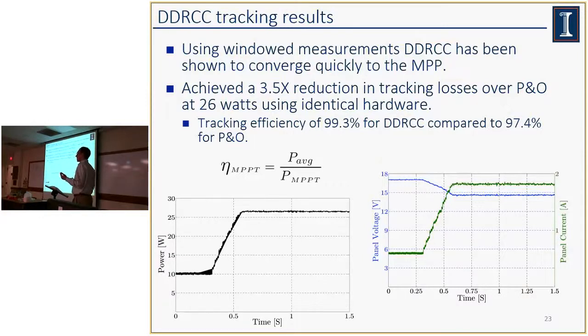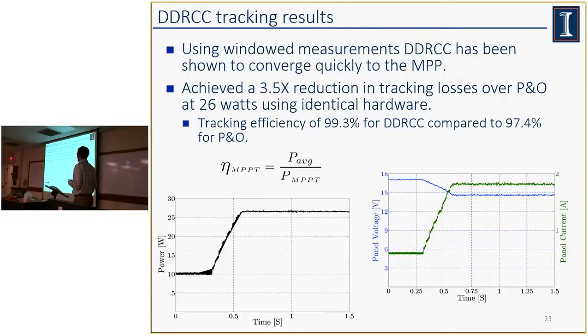Previously, we had demonstrated at low voltage and low current where we could simply scale the entire 0 to I short circuit current into the ADC, and we could just simply scale the voltage into the ADC. Again, as the panel power rises, as the DC magnitude of the voltage and current increases, that approach just was not effective for the reasons I showed you before. But we applied this circuit, and we're able to get quick convergence.